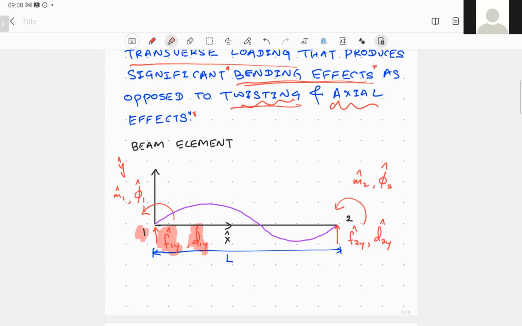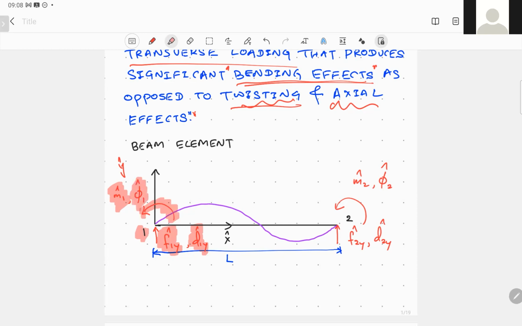Whenever this beam is subjected to loading, there is bending moment taking place. So we say the bending moment at node 1 is M1 hat, and we can denote it using a curved arrow.